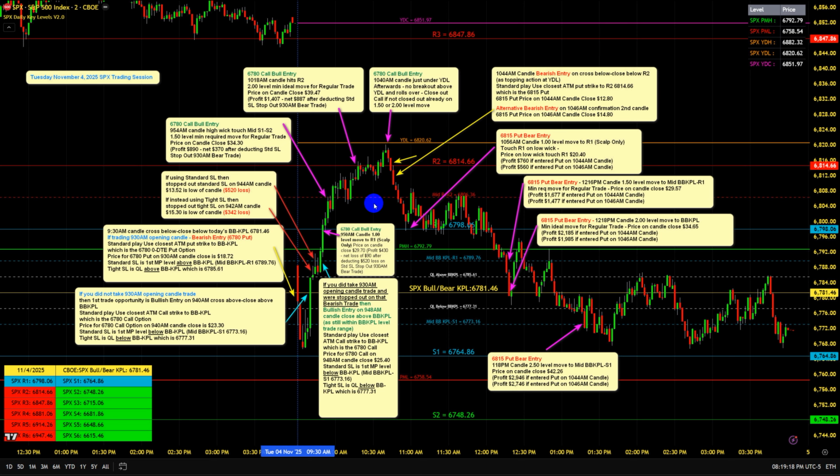This indicator has a historical BBKPL and historical main R and S levels feature, which allows you to look at previous sessions so you can get an idea of how previous sessions play out and where bearish opportunities may exist consistently off of other main R or S levels, or where other consistent bullish opportunities exist in recent sessions off of other main R and S levels.